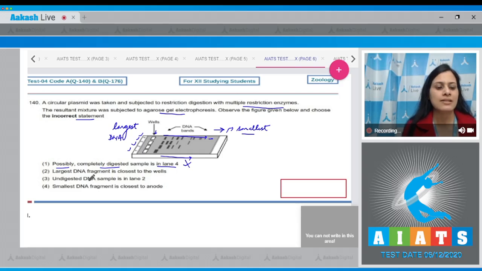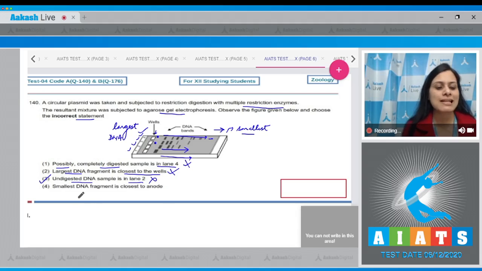The next statement says largest DNA fragment is closest to the wells, and you can see that it is closest to the well. So this is also a correct statement, so it cannot be the answer. The third statement says undigested DNA sample is in lane 2, but in lane 2 also we see there are digested products. So this cannot be a correct statement and is the correct answer to our question.